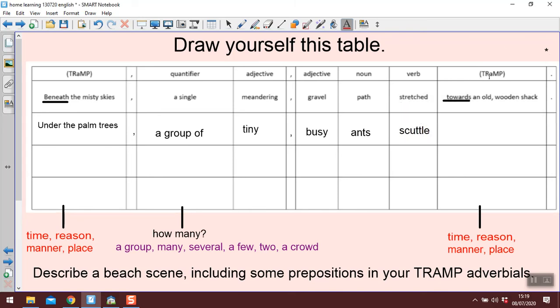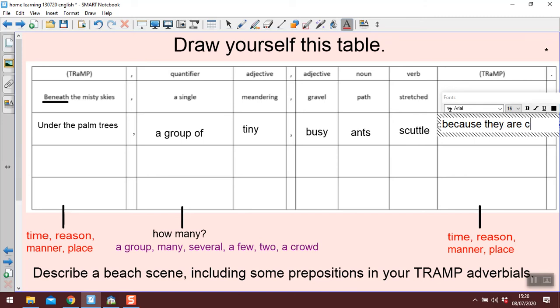And my TRAMP adverbial needs to be when, why, how, or where. I'm going to have a why, so because. Why were they scuttling? Where were they going? Because they are carrying some fruit. Now that's okay on its own, but it doesn't include a preposition.